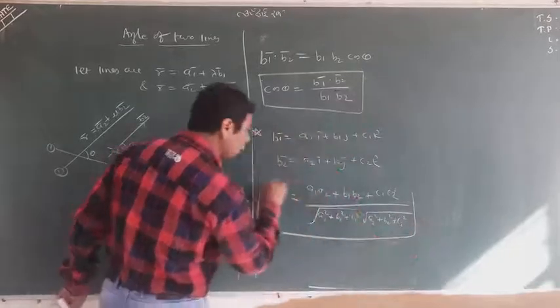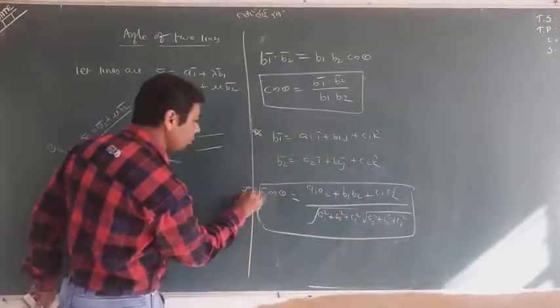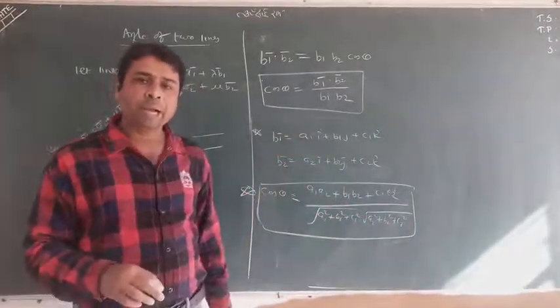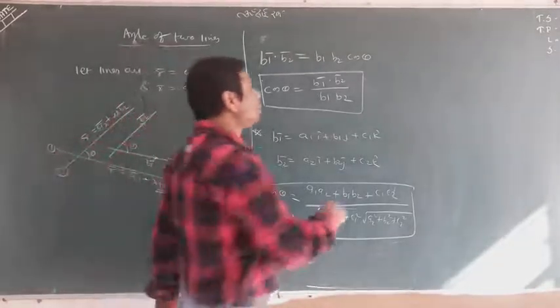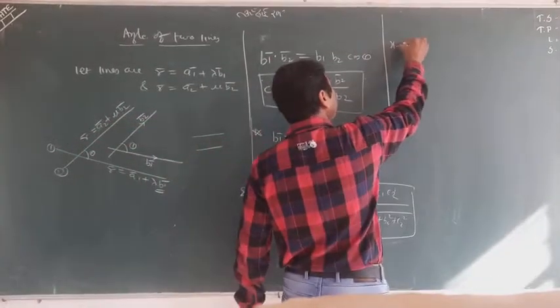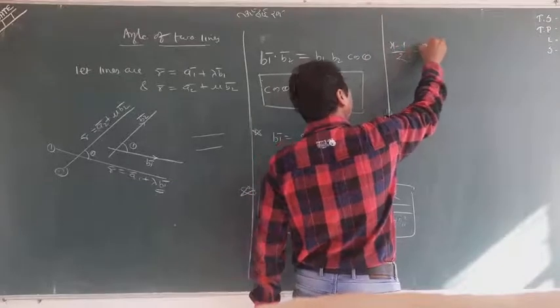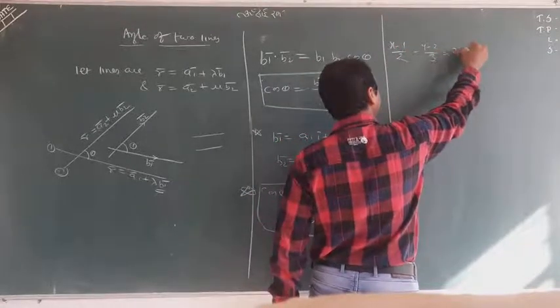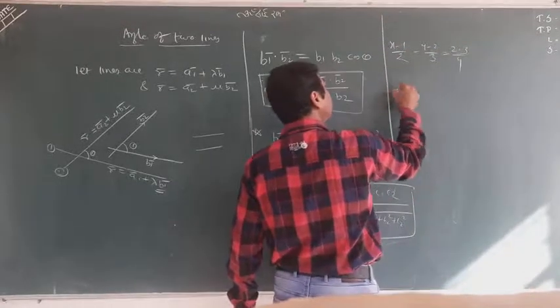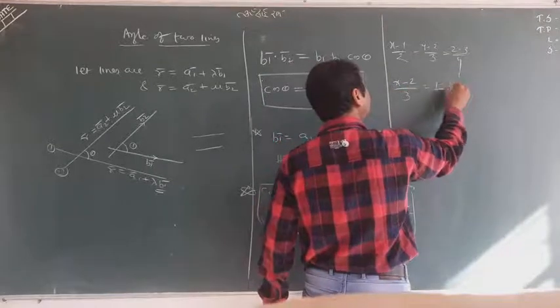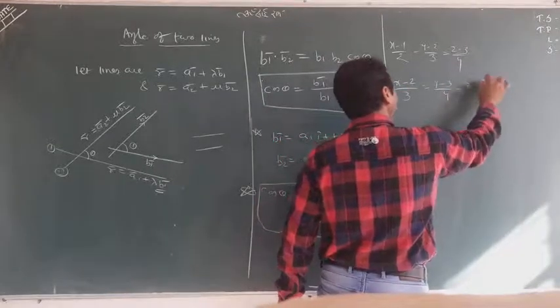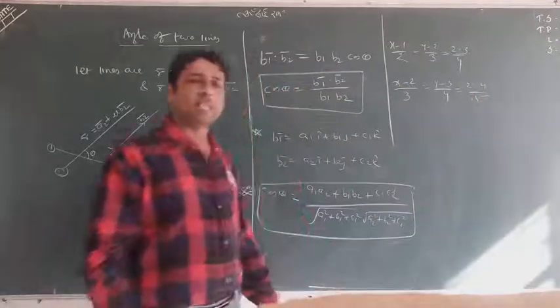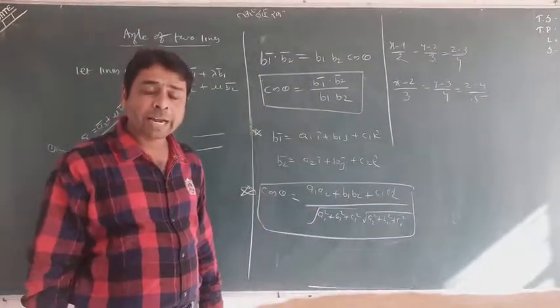This is one of the important formulas, the angle between two lines, where lines will be given like (x minus 1) upon 2, (y minus 2) upon 3, (z minus 3) upon 4, and (x minus 2) upon 3, (y minus 3) upon 4, (z minus 4) upon 5. Suppose these two lines are given and you are told to find the angle between them.